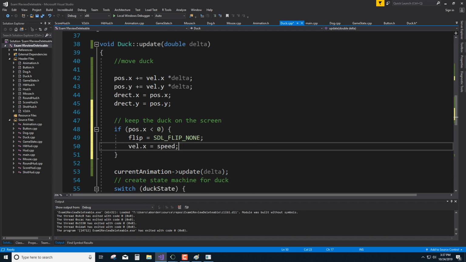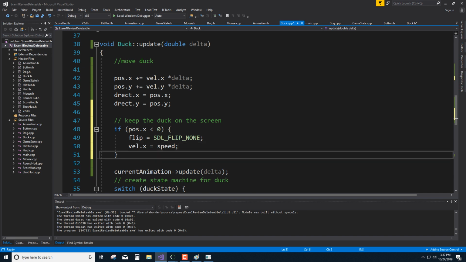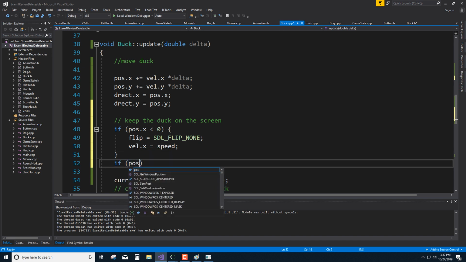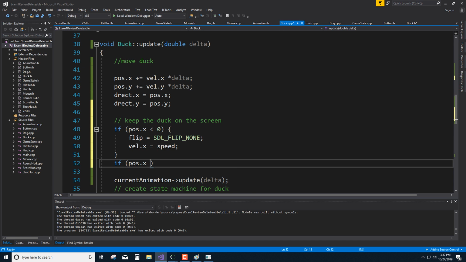And now we'll write the other side of this statement. Position.x is greater than what? How we're fixing the screen is, how big is our screen? 720, or 1280. 1280, sorry.